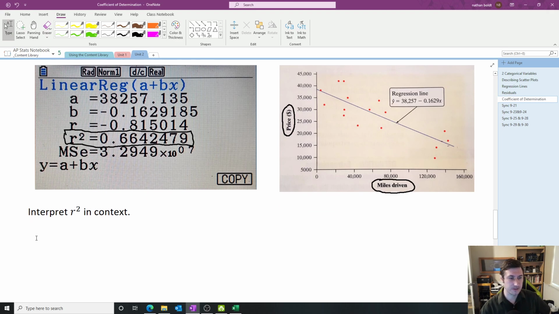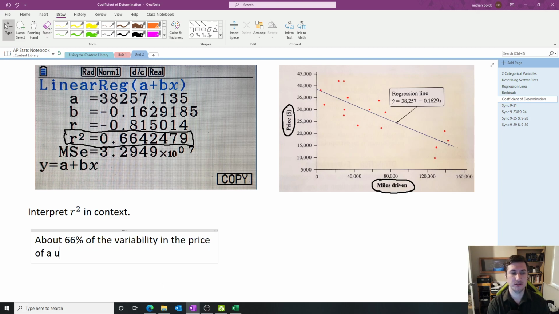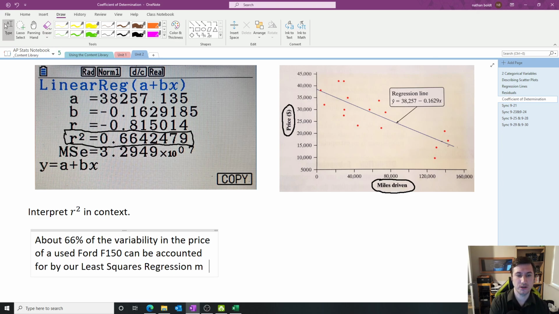All right, my turn here. So r squared is about 66%. So I'm going to say about 66% of the variability in the price of a used Ford F-150 can be accounted for by our least squares regression model, where x equals miles driven.